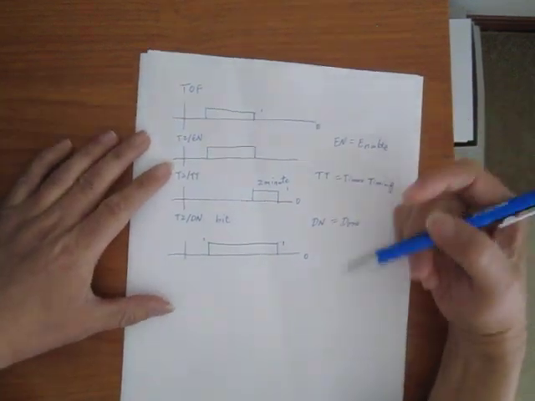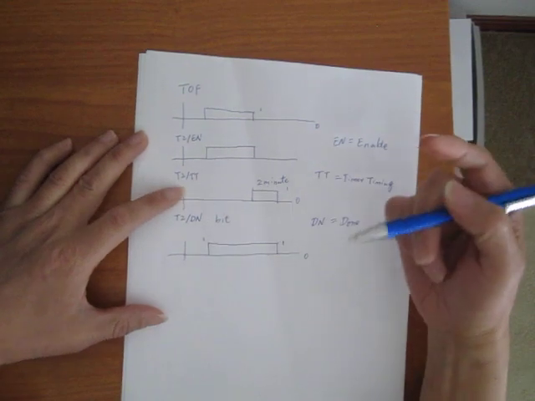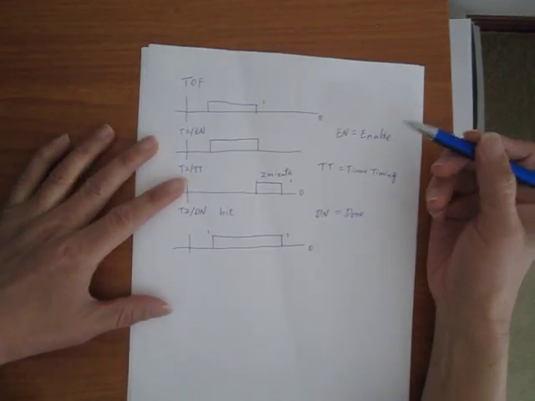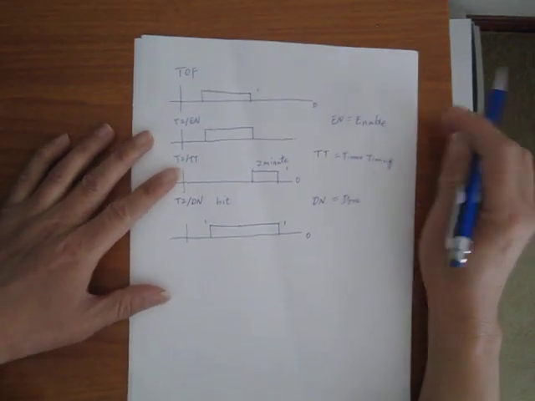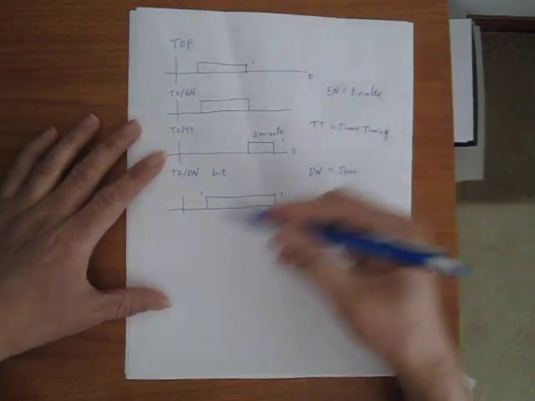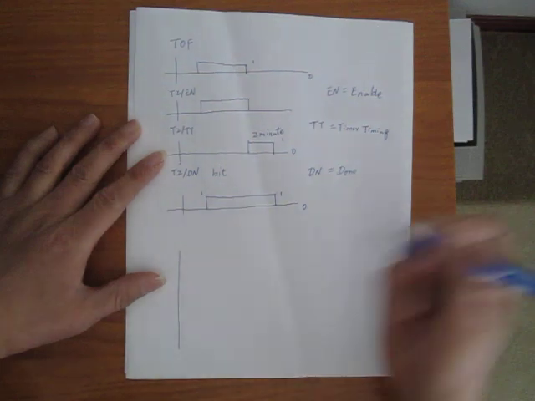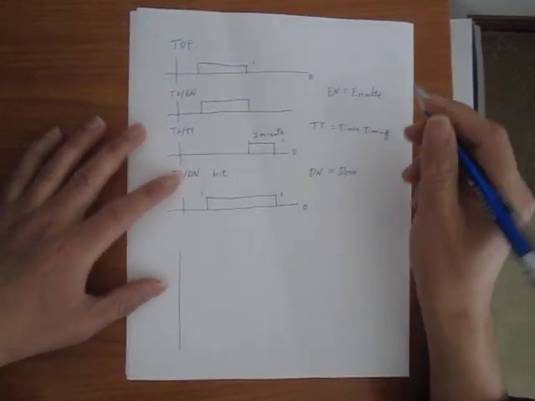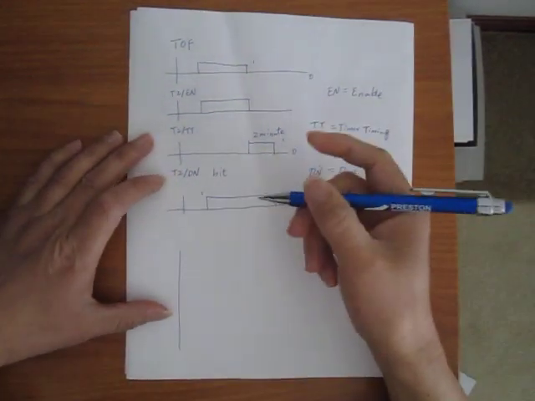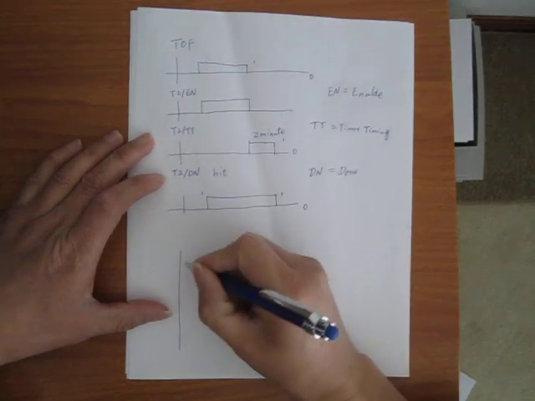Now, let's say you want to use the off delay timer to control a load device. Here is a program. Let's say I want to use a TOF to control a load device.